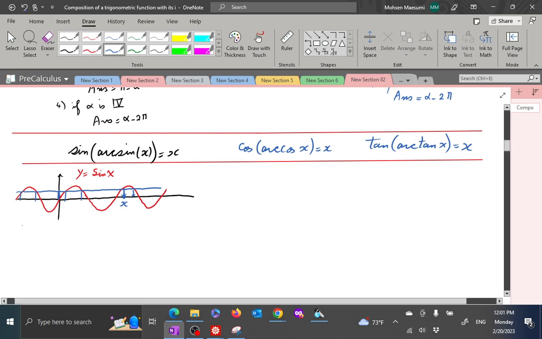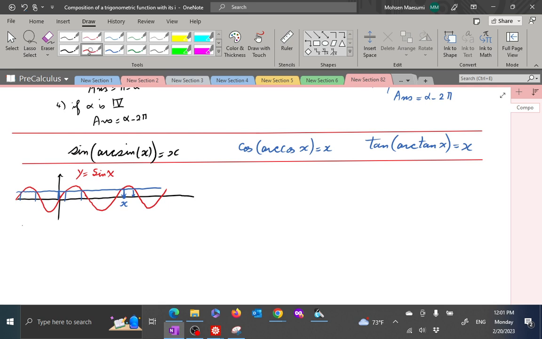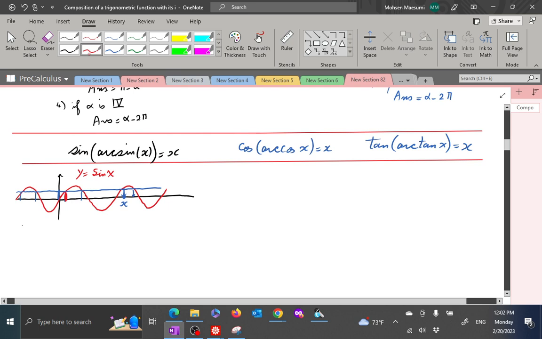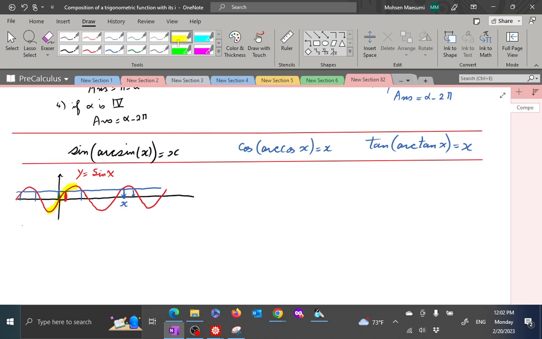So even though this was our starting angle, if I ask what is the arcsine of x, you're supposed to give me this. That is, find the angle inside this restricted sine that matches the angle that you had. That's what we are struggling with.